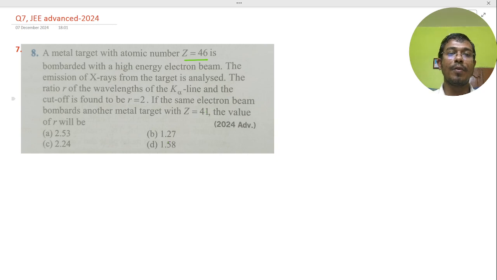The same electron beam bombards another metal. What is the value of R, the cutoff wavelength in this state?